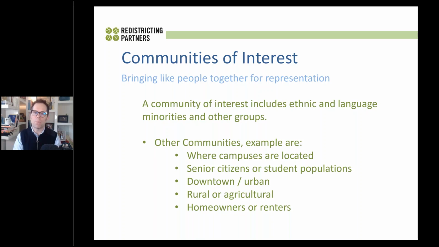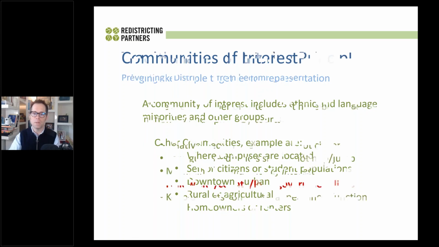They came forward to the community college board and said, we want to make sure we have a trustee that represents us in this area because there are all these programs that are really important to us. When all the community college board members come from the downtown area, they don't understand the needs that we have in the more rural area, the educational needs we have. So having these kinds of community interests as part of the discussion in the redistricting process is really key.